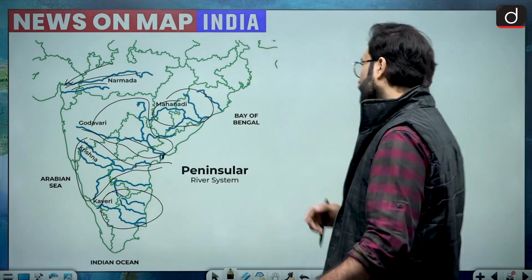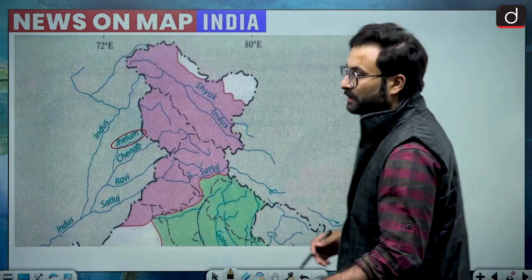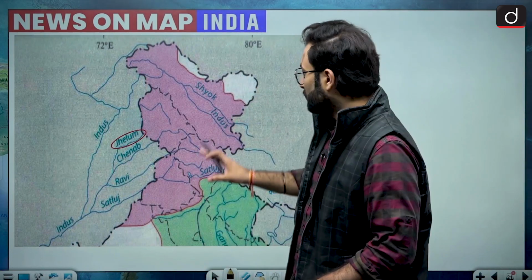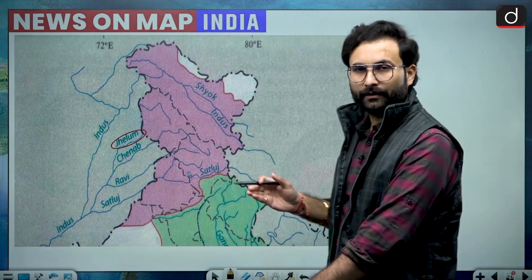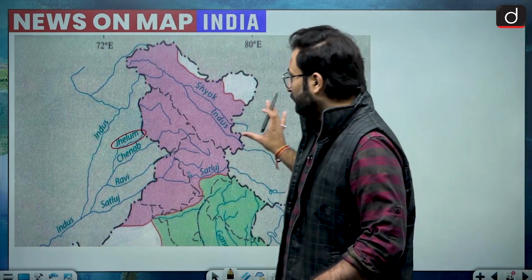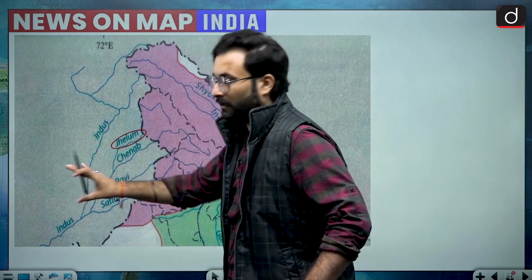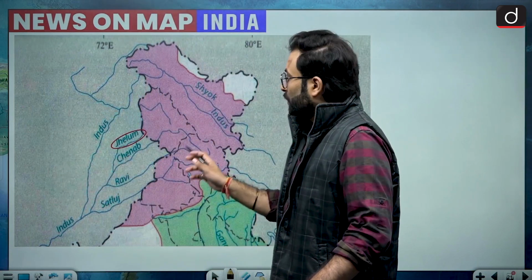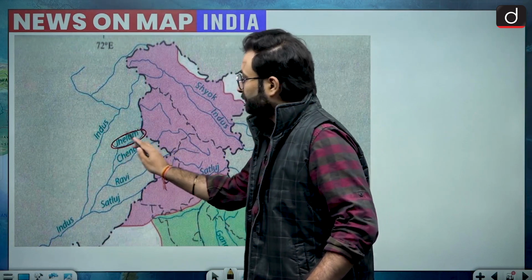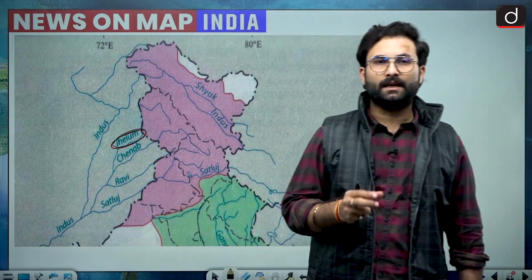Now when we are talking about the Jhelum river, it is part of your Indus river system. We know that the Indus is in the northern part of India, starting from the China and Tibet area, then Jammu and Kashmir, and then to the Pakistan area. Here you can see Jhelum is here. It is also part of your Indus Water Treaty. There are 6 rivers which have been divided between India and Pakistan.